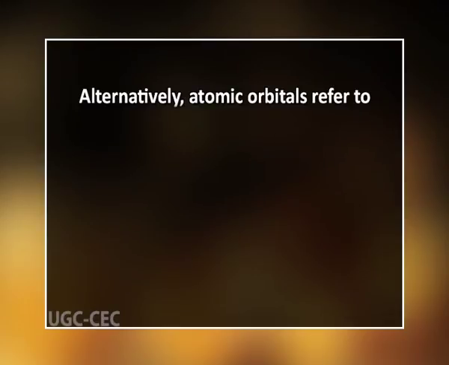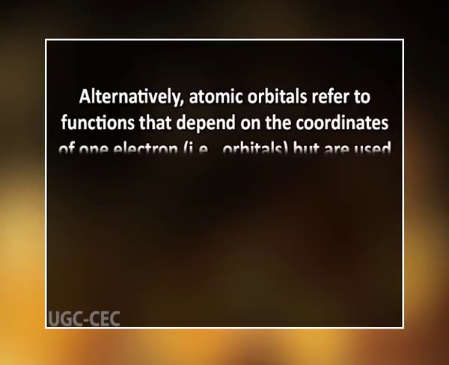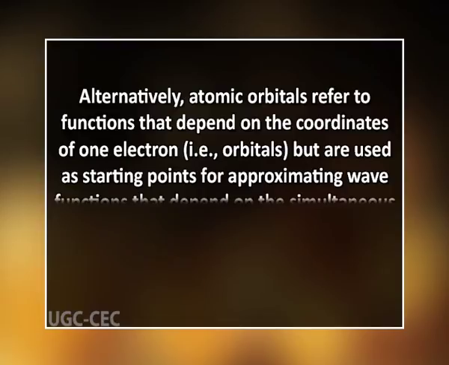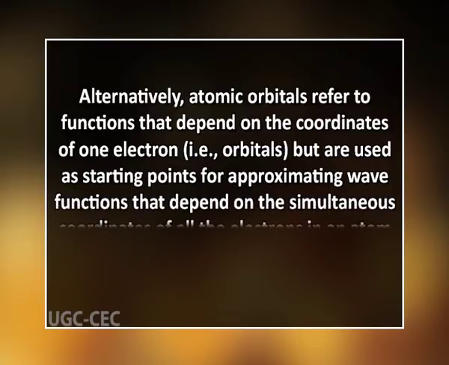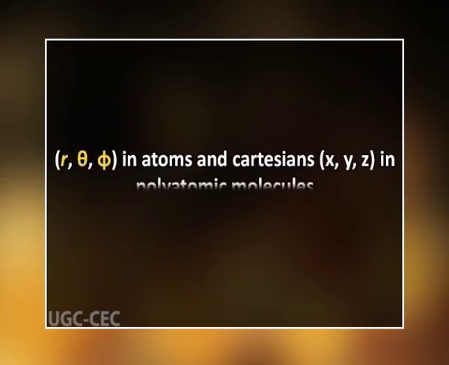Alternatively, atomic orbitals refer to functions that depend on the coordinates of one electron, but are used as starting points for approximating wave functions that depend on the simultaneous coordinates of all the electrons in an atom or molecule. The coordinate systems chosen for atomic orbitals are usually spherical coordinates r, theta and phi in atoms, and Cartesian coordinates x, y and z in polyatomic molecules.